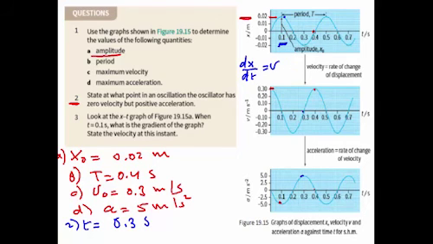So at t equals 0.1 second, the gradient equals the velocity at that time, which is 0. And it's very clear that at this point the graph for displacement is at its peak value, so there is no gradient here.